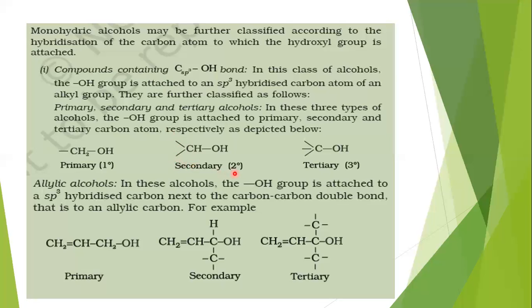So such a type of alcohol is a secondary alcohol. Now you may be clear. So OH is attached to this carbon. This carbon is an sp3 hybridized carbon. Okay, and which is bonded to first carbon, second carbon, and third carbon. So this is tertiary.